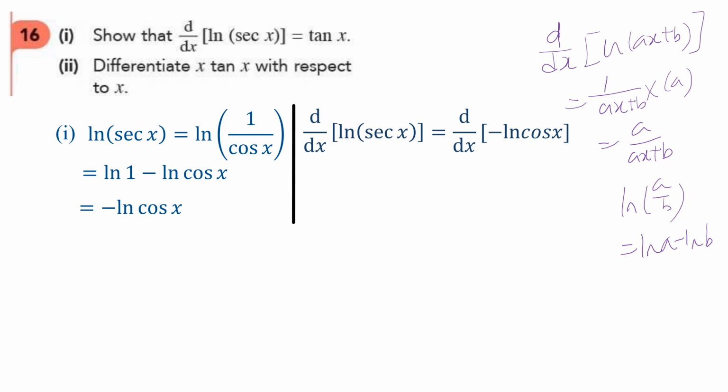So that will give me negative 1 over cos x times the differentiation of cos x, which is negative sine x. So that will give me tangent x, which is what I'm supposed to show. Alright, so part 2.